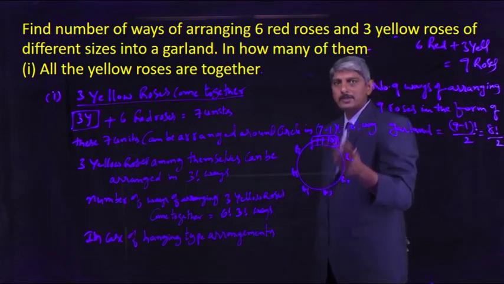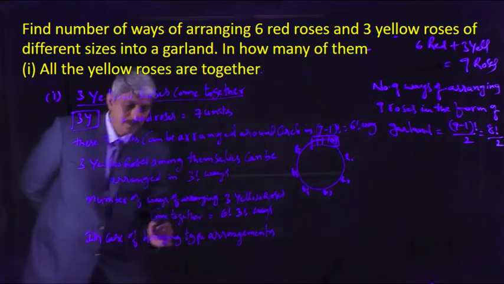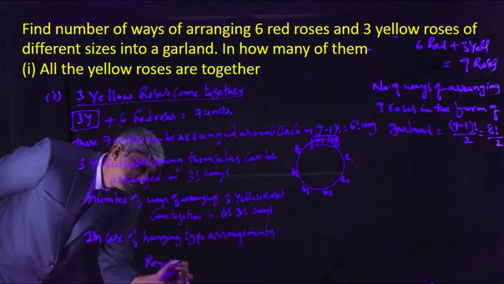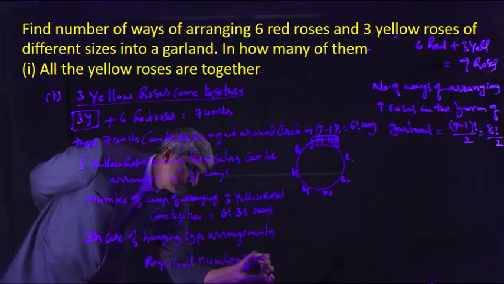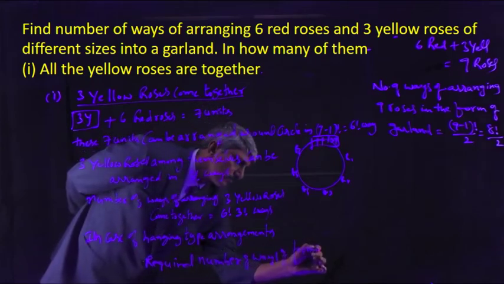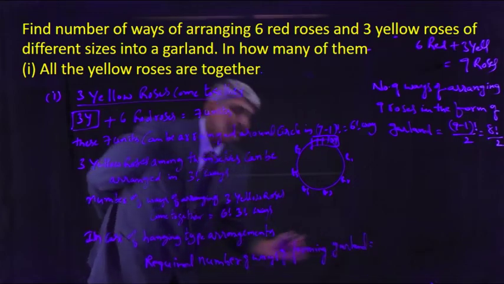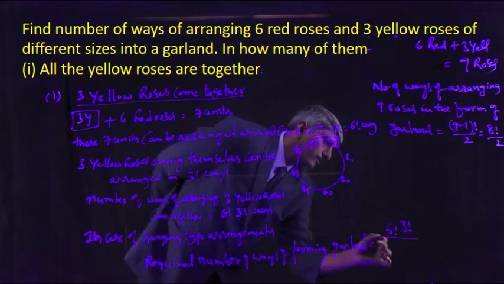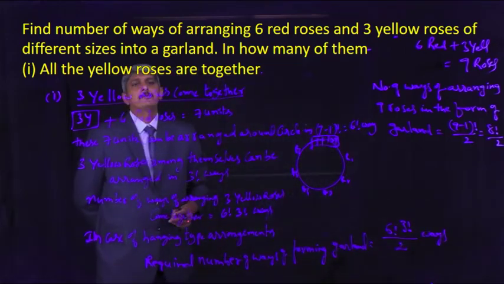Therefore, the required number of ways of forming the garland is equal to 6 factorial into 3 factorial divided by 2.